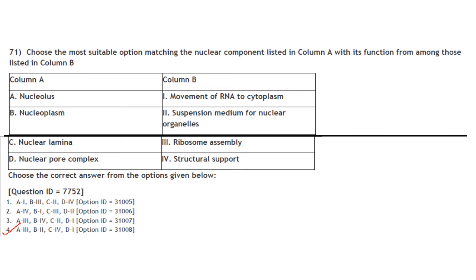Nucleoplasm is the suspension medium for nuclear organelles, nuclear lamina is structural support, and nuclear pore complex is movement of RNA to cytoplasm. Answer is option 4. A3, B2, C4, D1.